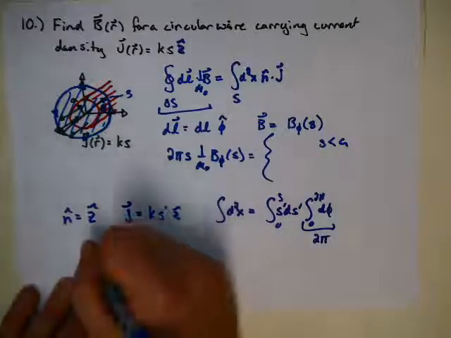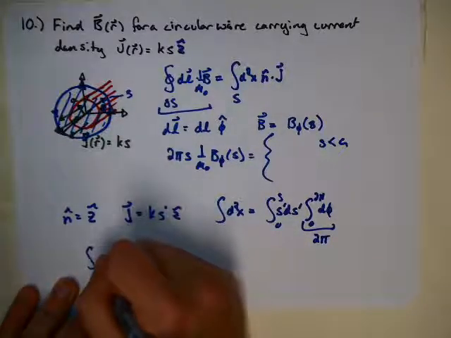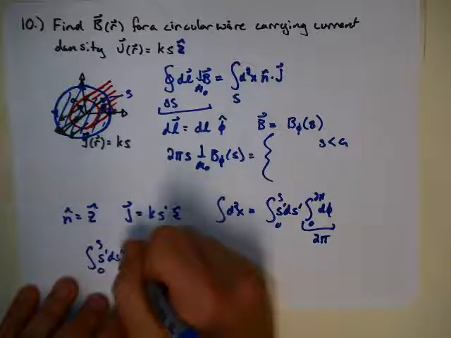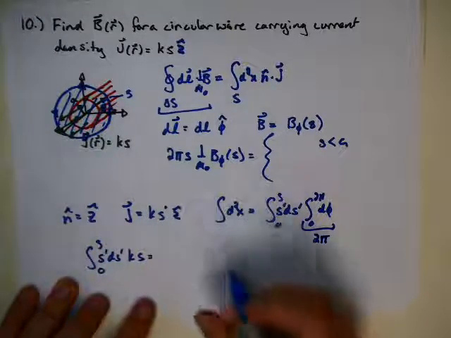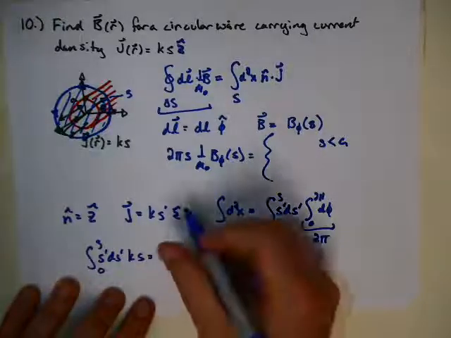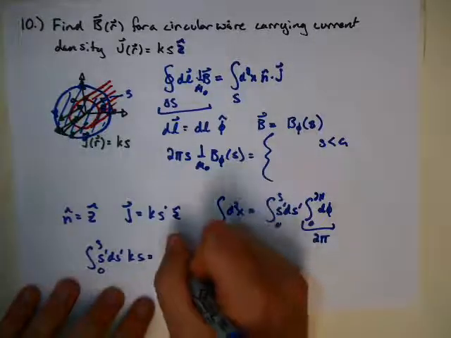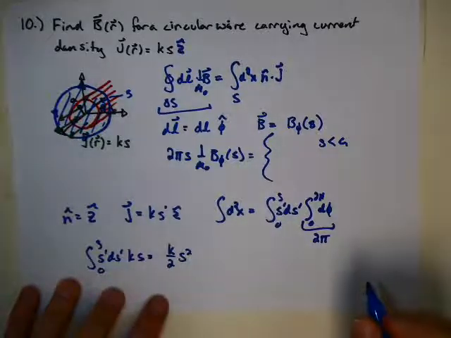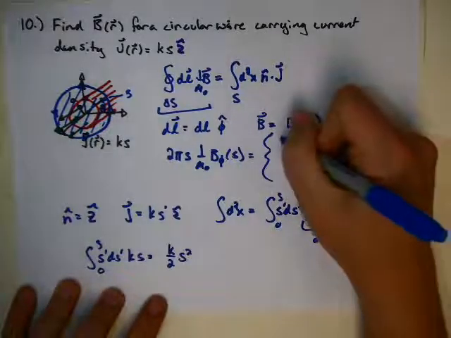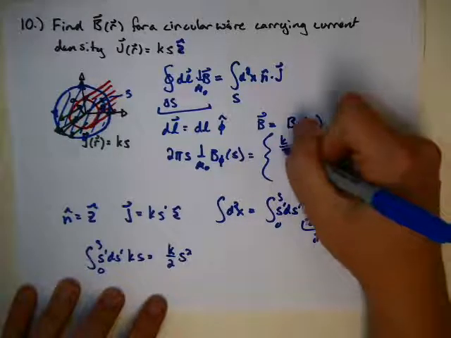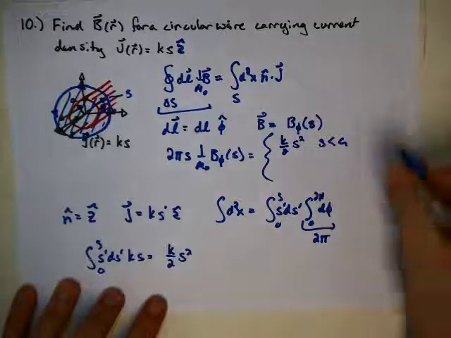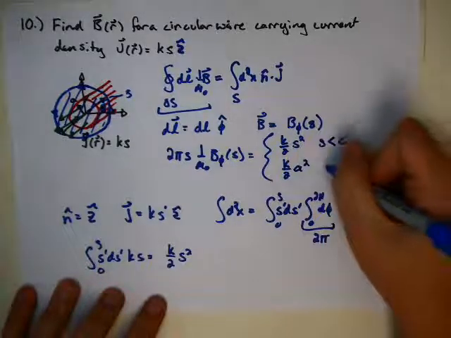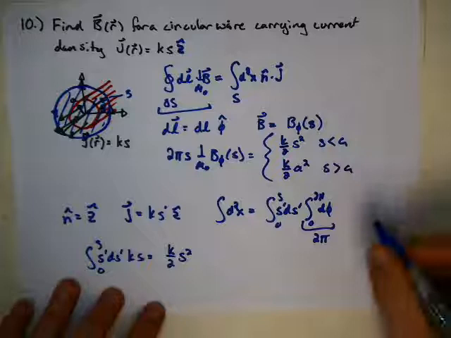So the integral from 0 to s of s' ds' of ks is going to be equal to, let's see, k over 2 s squared. And so on the right-hand side, we're going to have k over 2 s squared for s less than a, and k over 2 a squared for s greater than a.